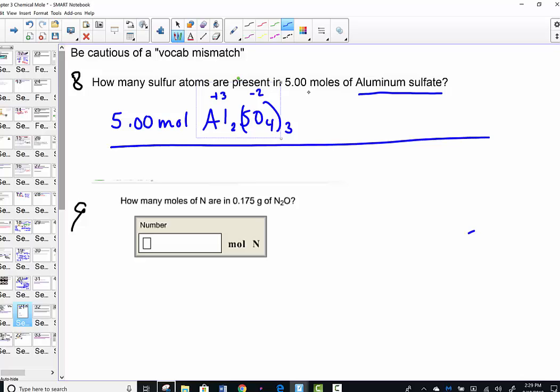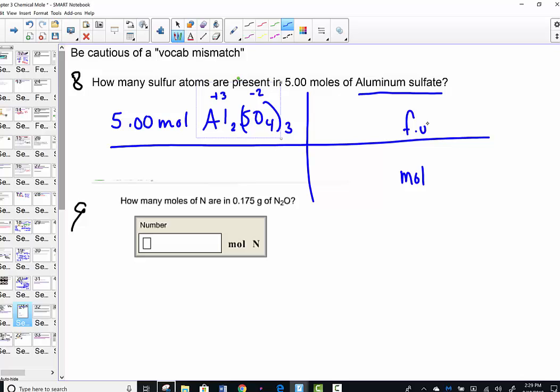My first conversion factor needs to cancel the mole and bring me to the individual particles of this compound. Is this compound an element? Makes no sense. Is it a molecule or is it a formula unit? What type of particle is this salt? Perfect. It's a formula unit.